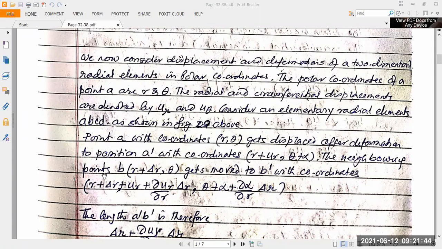At the point B we are using r plus delta r. Next, we are adding the rate of change of this delta r in case of any displacement. So how will you know the change of delta r?